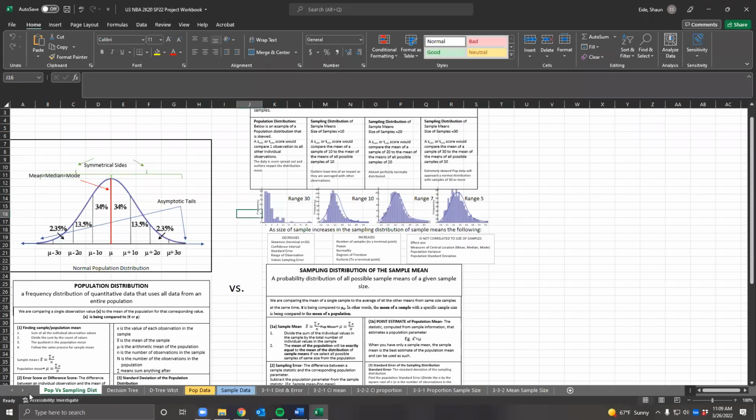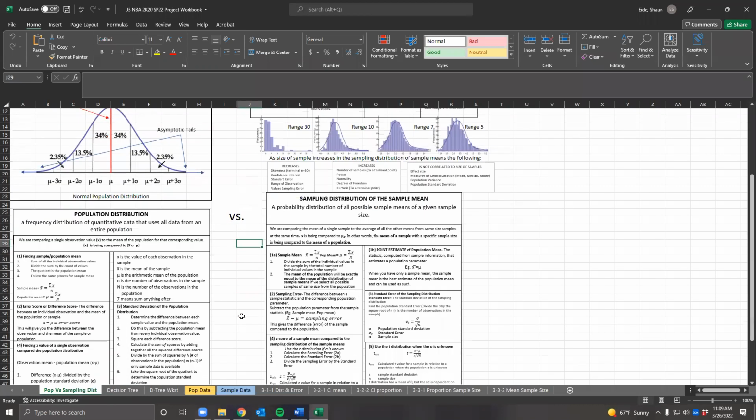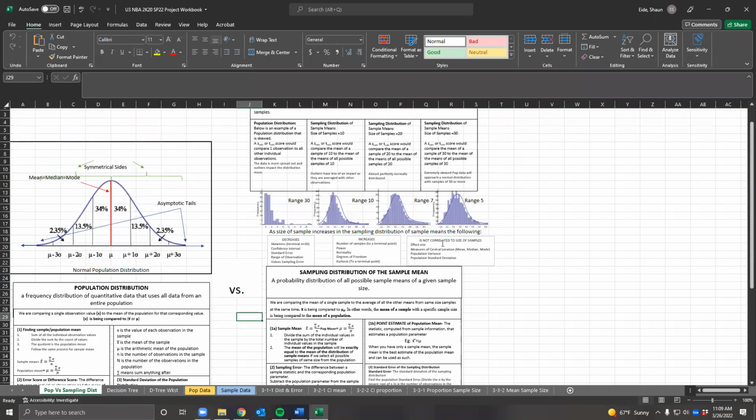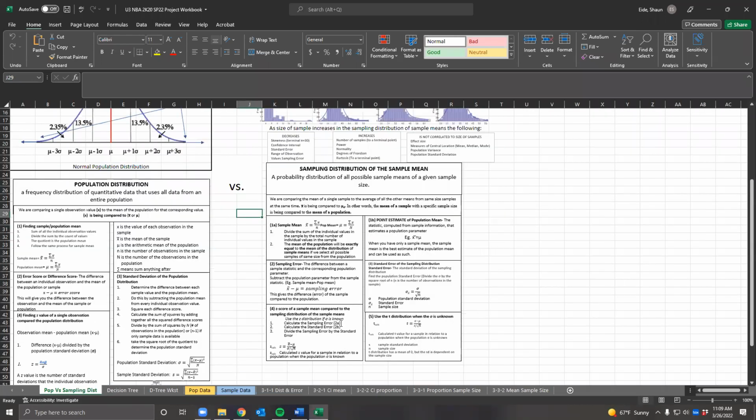So first of all, you have right here the overview of the population for this versus the sampling distribution. This is just information on how to conduct calculations.